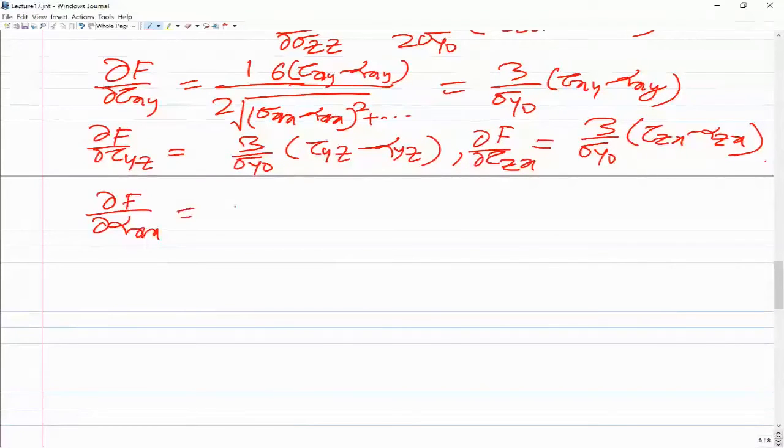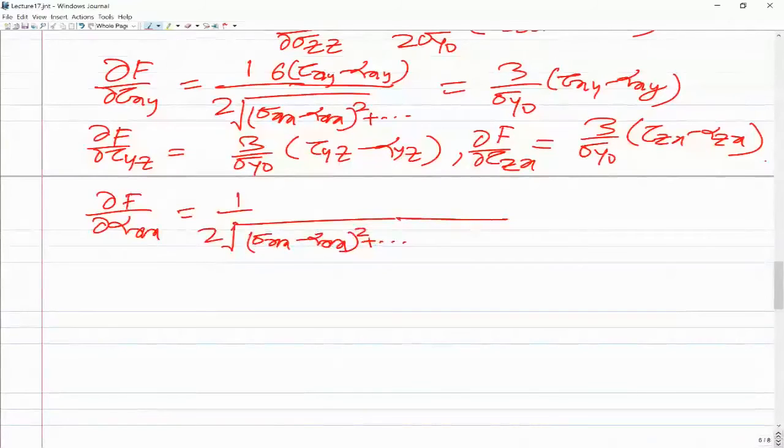So again, first 1 upon 2 into the square root, whatever we have, sigma xx minus alpha xx whole square and all those terms. And then in the numerator, you will have the derivative of the first term. So you are going to have twice of sigma xx minus alpha xx, but then the derivative with respect to alpha xx gives you a minus sign, so twice of sigma xx minus alpha xx into minus 1.